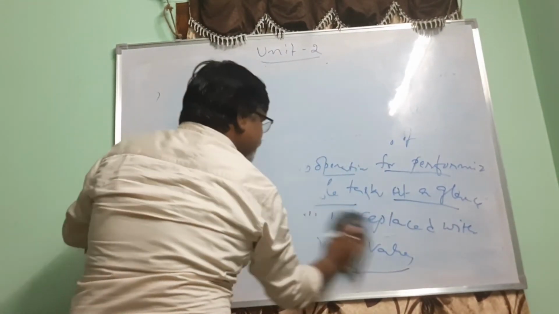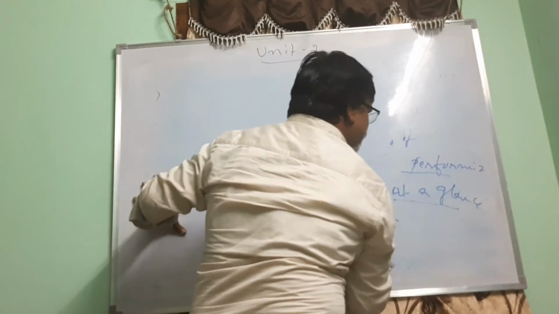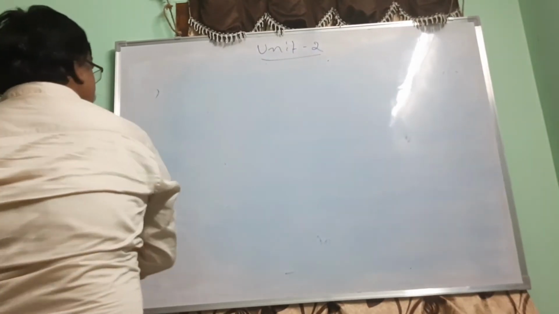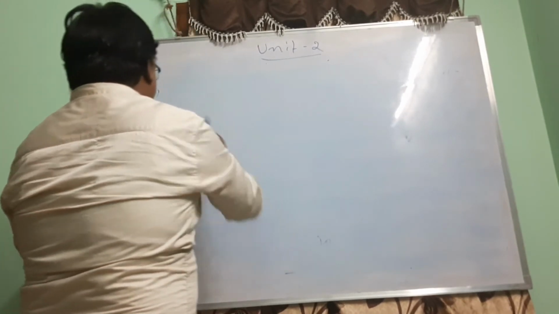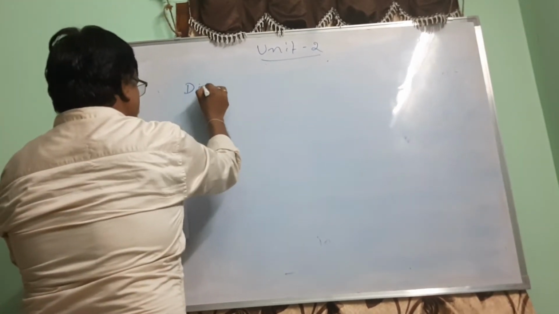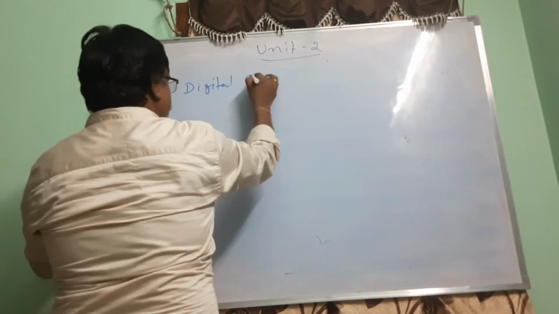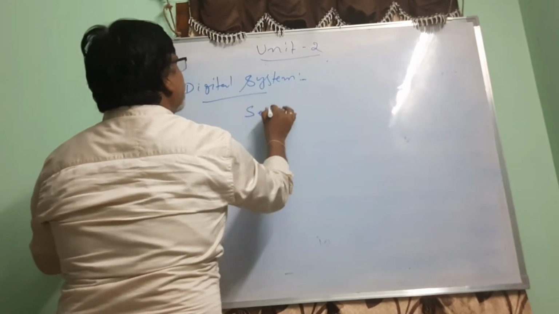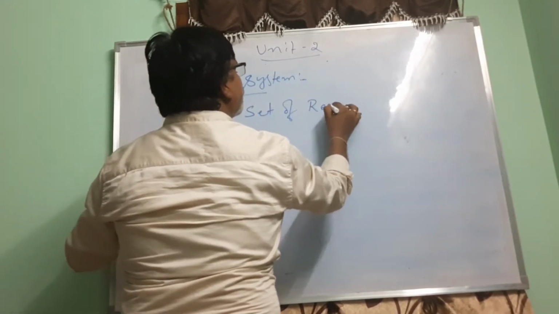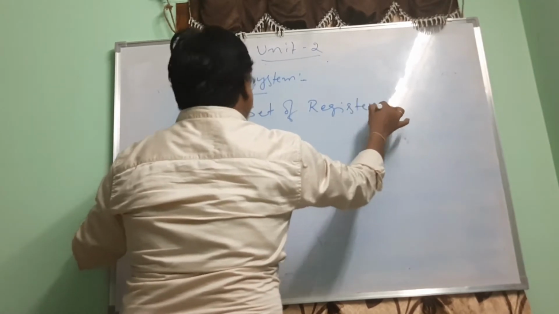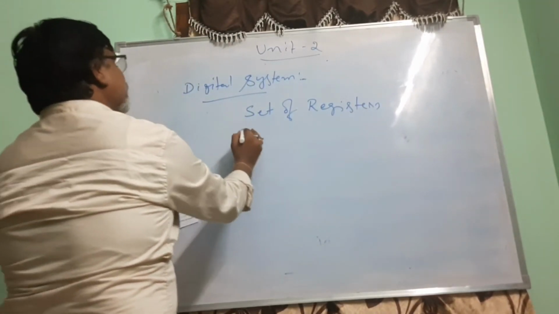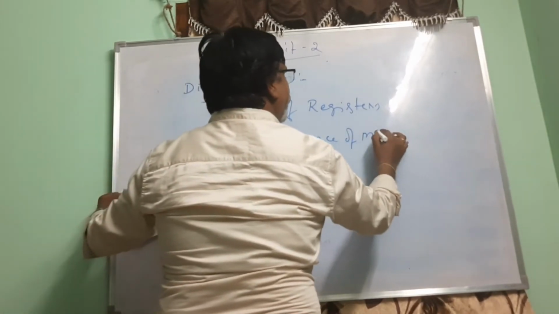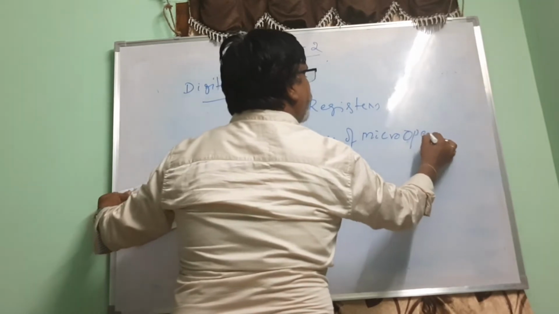Now with this you can come to a conclusion that a digital system contains three things. First, a set of registers. Next, a sequence of micro operations.